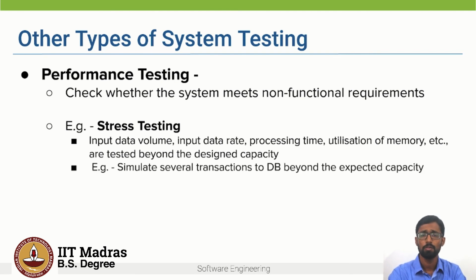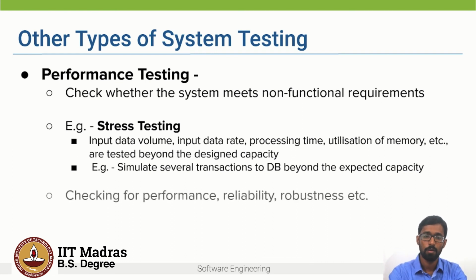For example, we might simulate several transactions to the database beyond the expected capacity. How does the database, or how does the system, deal with such high volumes? This performance and stress testing is done to check for performance, reliability, robustness, all the non-functional requirements.